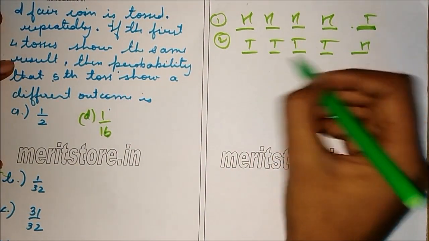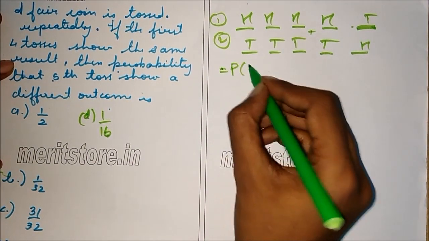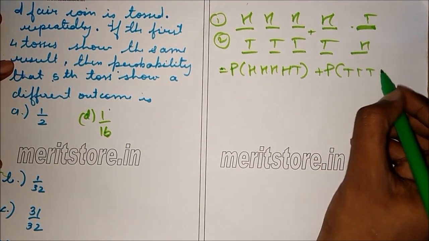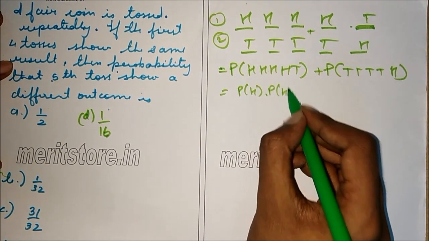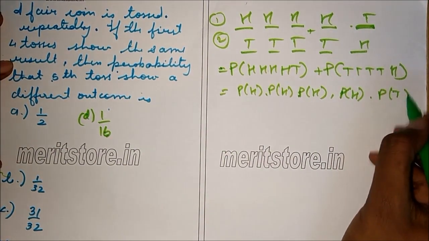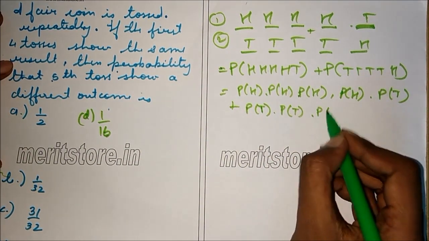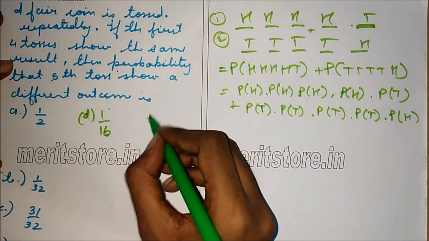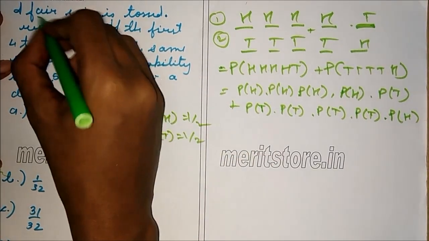So probability, total probability is the sum of both of these probabilities. So it will be P of H, H, H, H, T plus P of T, T, T, T, H. That is equal to P of H into P of H into P of H into P of H into P of T plus P of T into P of T into P of T into P of T into P of H. Now P of H is half and P of T is also half since it is a fair coin.